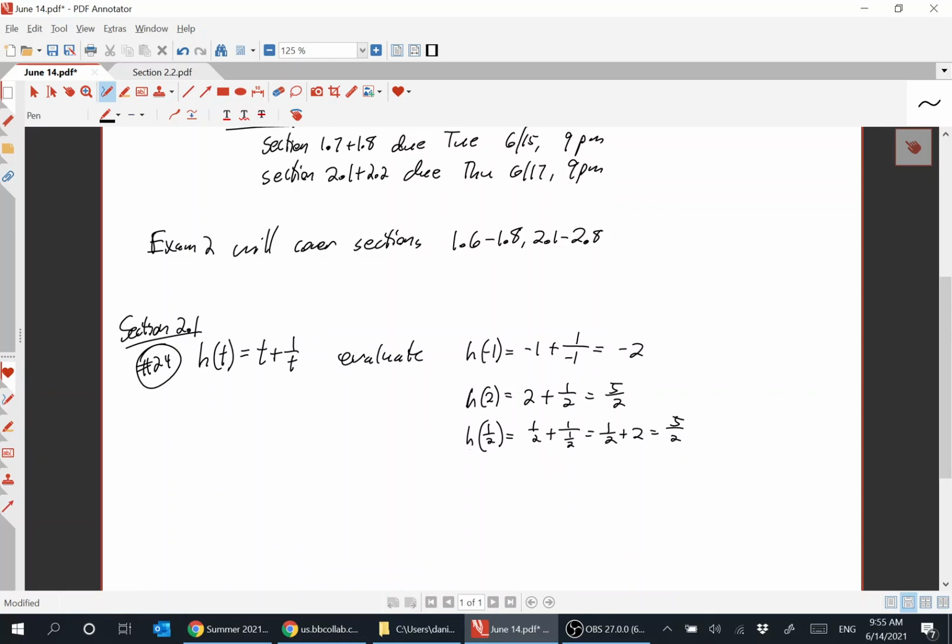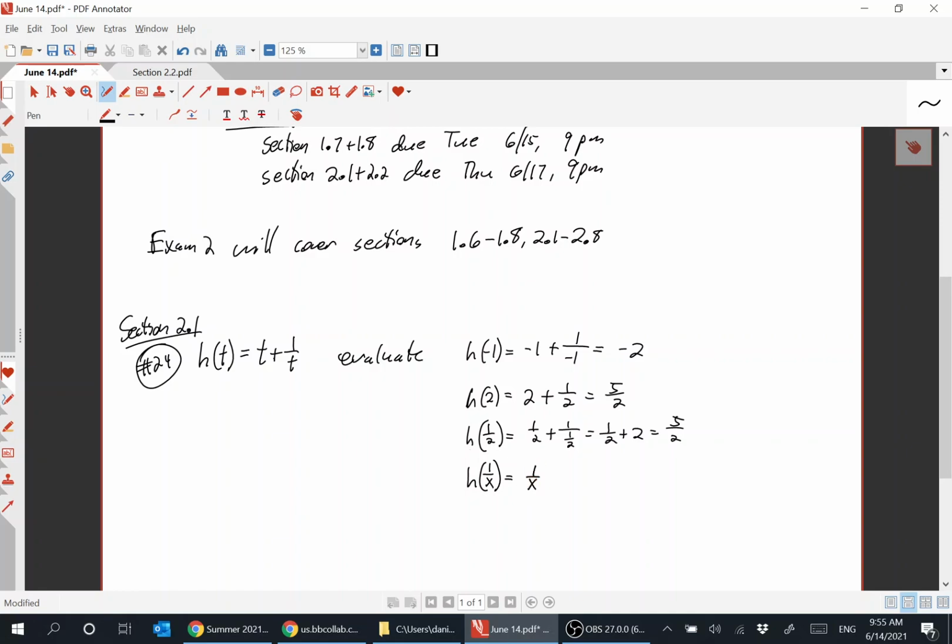And the reason being, just in general, they ask you to evaluate h of 1 over x. So for h of 1 over x, what do I do? H of t is equal to t plus 1 over t. And this is saying for every instance of t, put 1 over x.